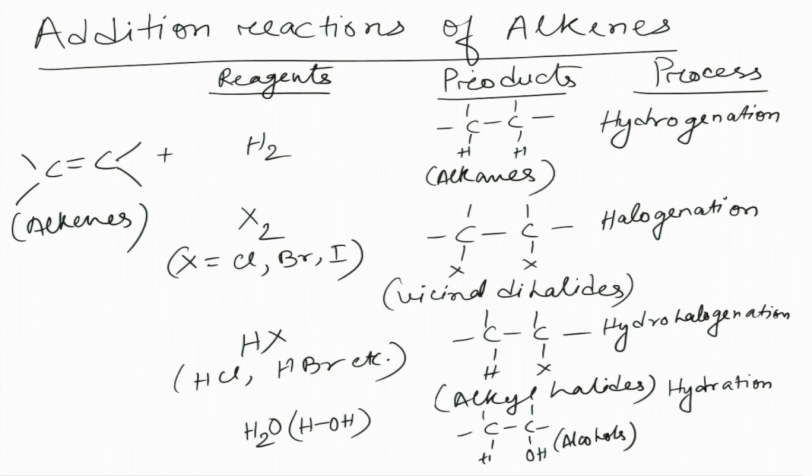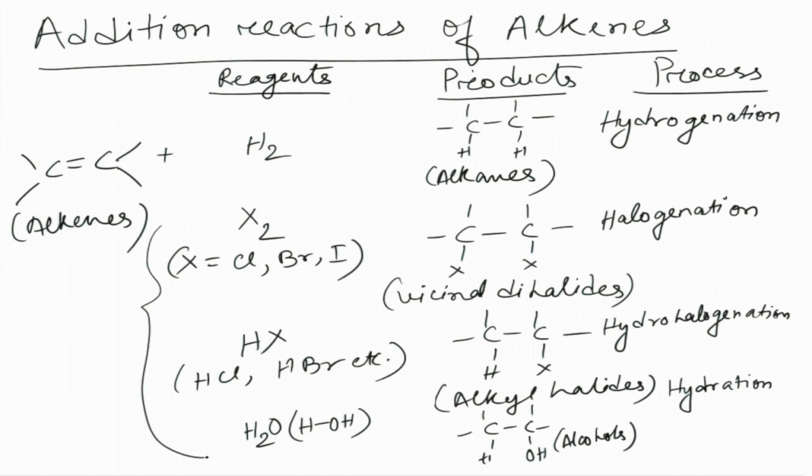Hydra means water, so addition of water is called hydration, elimination of water is called dehydration. When we were studying the preparation of alkenes, dehydration of alcohols in presence of concentrated acid formed alkenes. So, in a reverse way, the addition of water to alkenes will form alcohols, right.